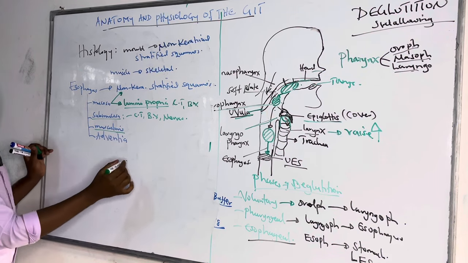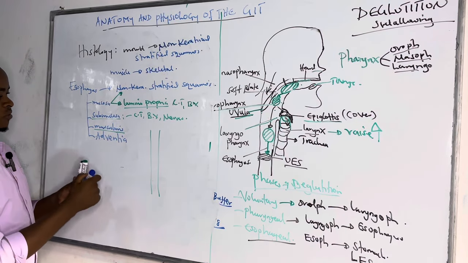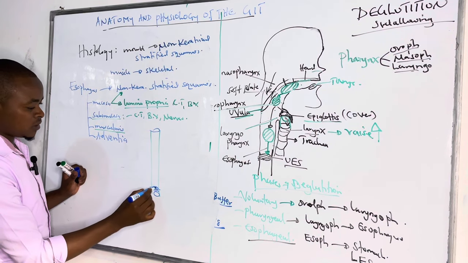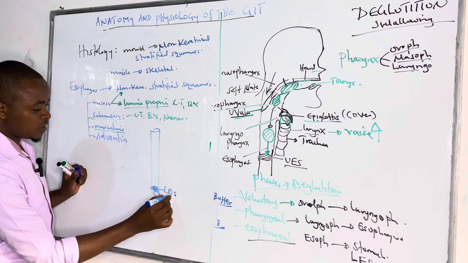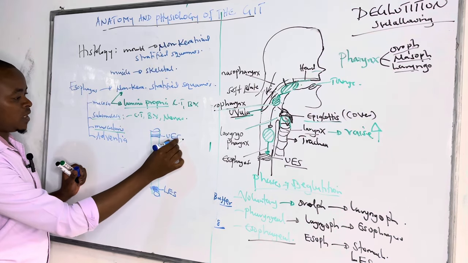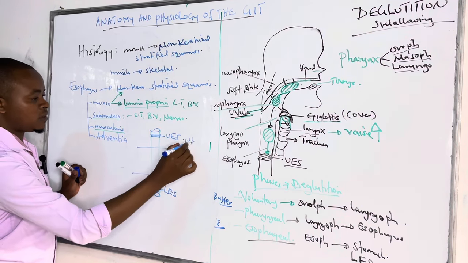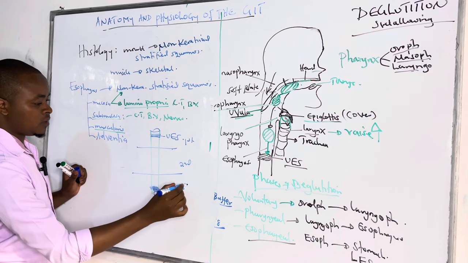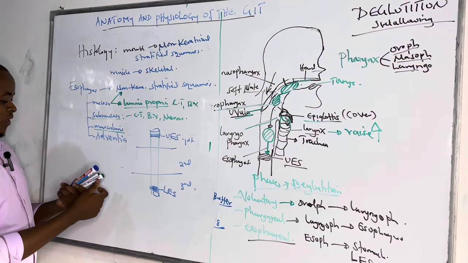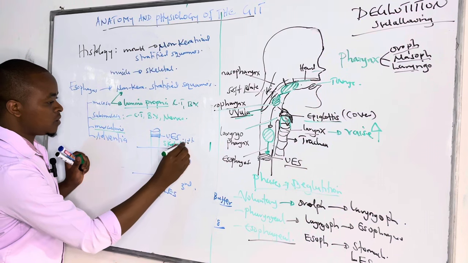If we talk about the muscularis, let me assume this is the esophagus. In this esophagus, we said it has the lower esophageal sphincter and the upper esophageal sphincter. If I divide this esophagus into three parts, this is the first, second, and third. The muscles in the first part of the esophagus are skeletal.